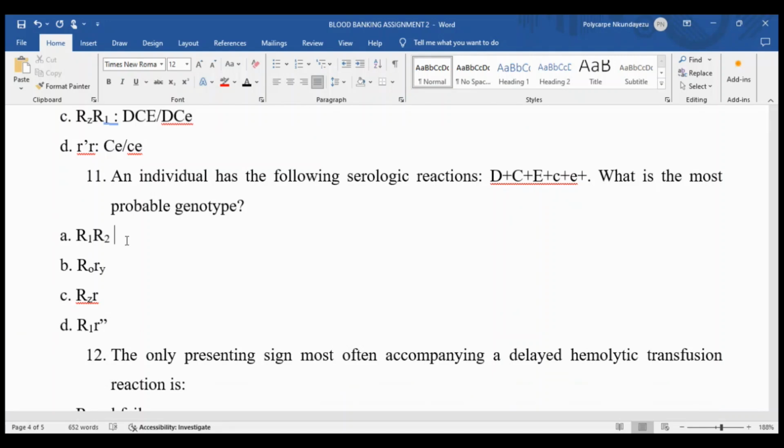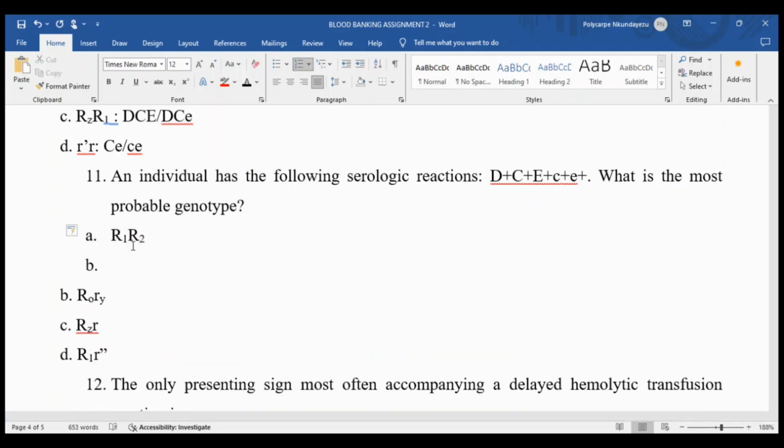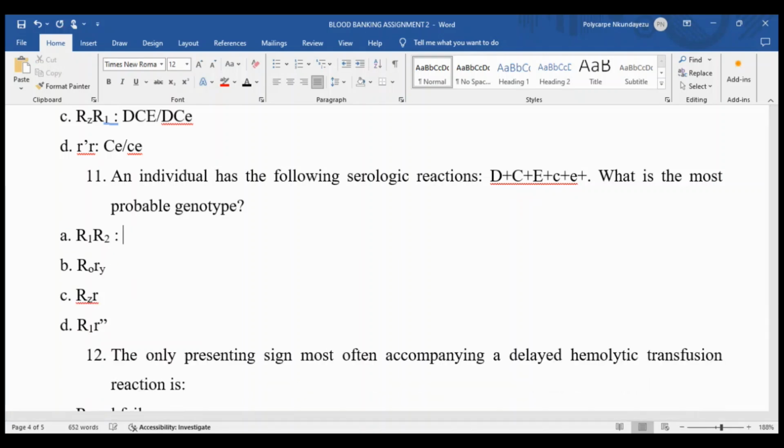Yes, Ellen, what is the most probable genotype for someone who is typing for all the antigens in Rhesus? R1, R2, this one. So let's try to consider this one and see what it tells us. Capital D.